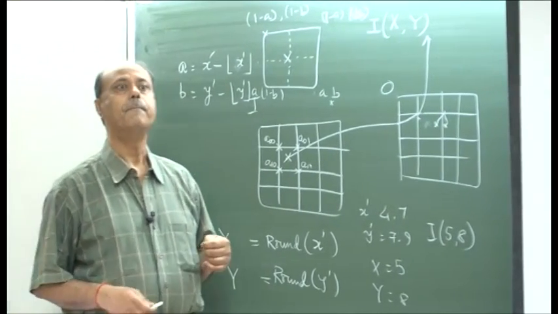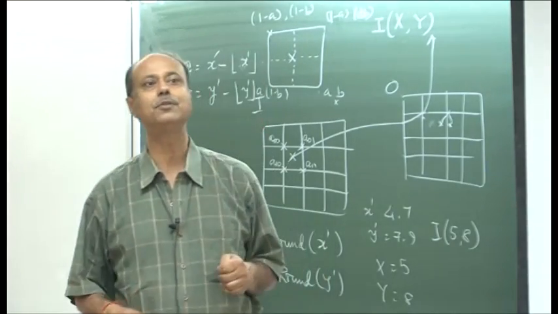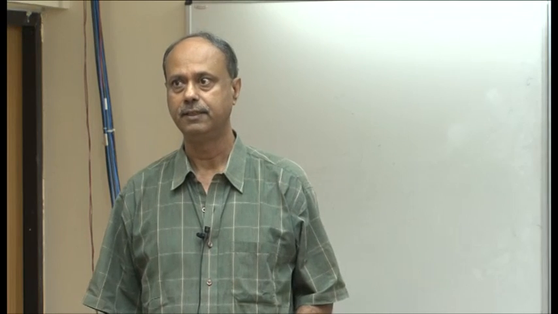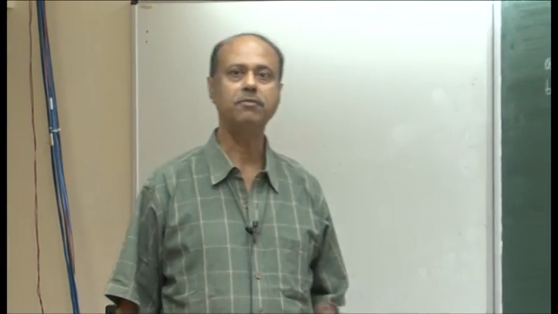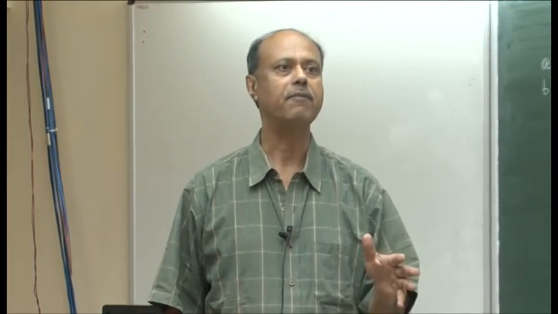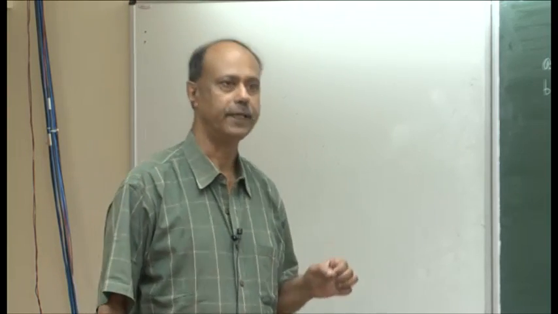But at the same time, suppose I use A equals half and B equals half, that will be exactly the center. That is nothing but averaging the 4 intensity values and putting it there.